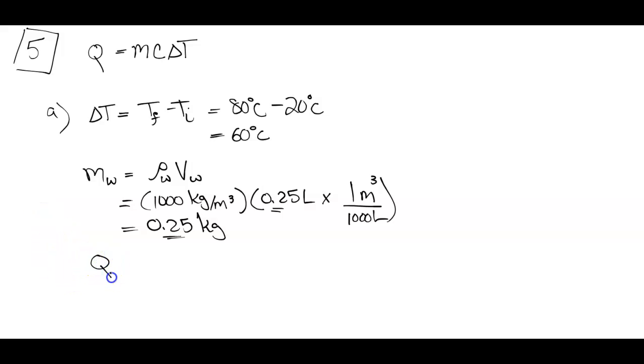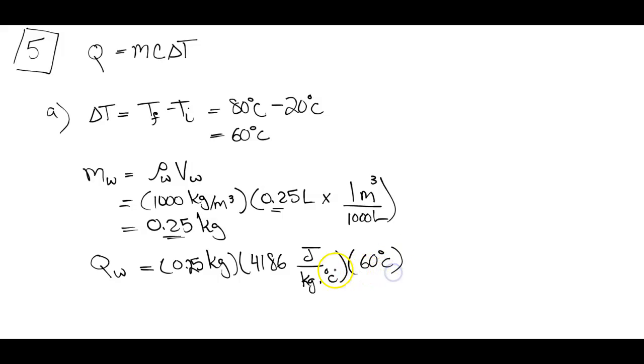So now we can say that the heat for the water is 0.25 kilograms, which is the mass of the water, times the specific heat of water, which we can look up in a table or online, which is 4186 joules per kilogram degree Celsius, and then times the change in temperature, which is 60 Celsius.